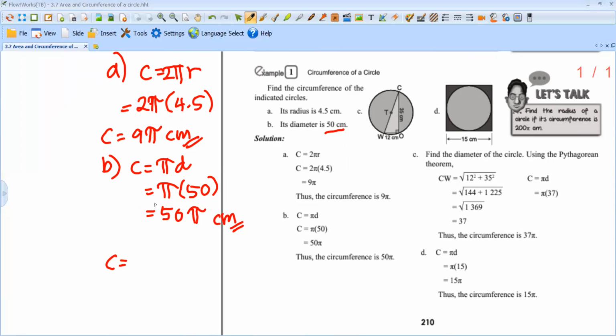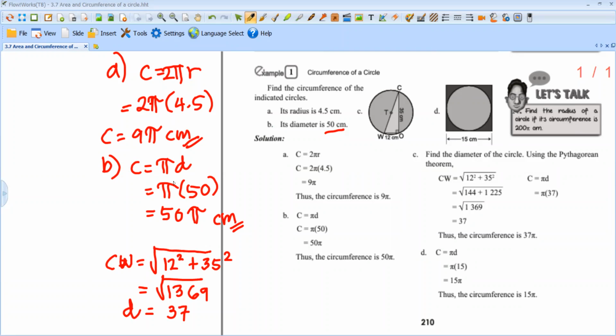Since the diameter CW is the hypotenuse, CW as the diameter is equal to the square root of the sum of 12 squared plus 35 squared, which is equal to 1,369, which is written in the book. And then the square root is 37. That is d, or the diameter.